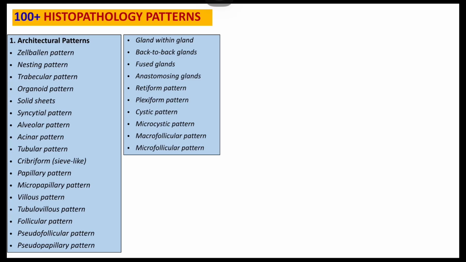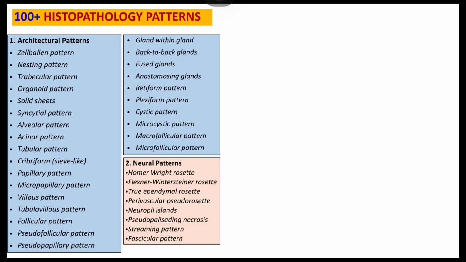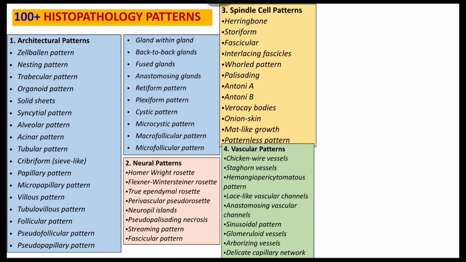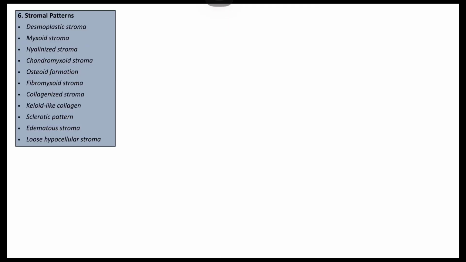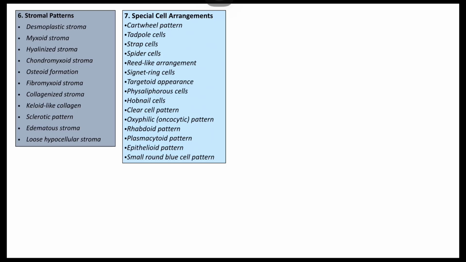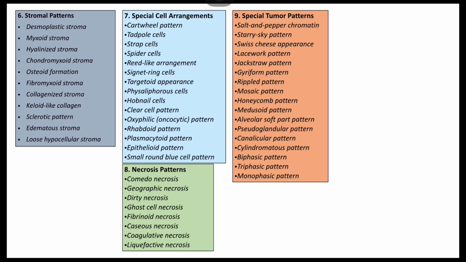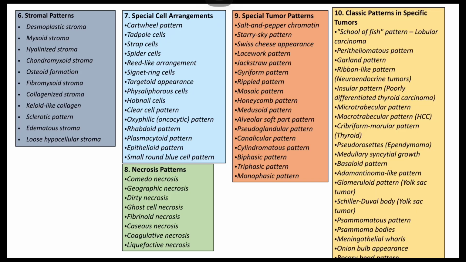So in this series, we will discuss architectural patterns, neural patterns like different rosettes, spindle cell patterns, vascular patterns, growth patterns, stromal patterns, spatial cell arrangement, necrosis patterns, spatial tumor patterns, and some classic patterns in specific tumors.